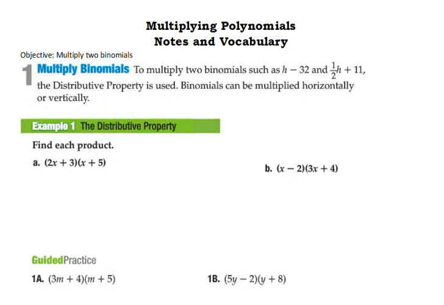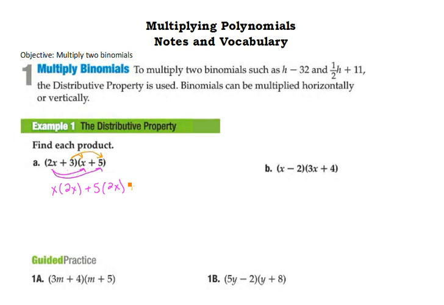So example 1, again, we're using the distributive property when we're multiplying two binomials. So let's get those arrows going. And again, we understand that we have to multiply that 2x to each term, that 3 to each term. So for this first one, I am going to write it out so we remember what we're doing. We are multiplying a 2x to both the x and the positive 5 of that second term.